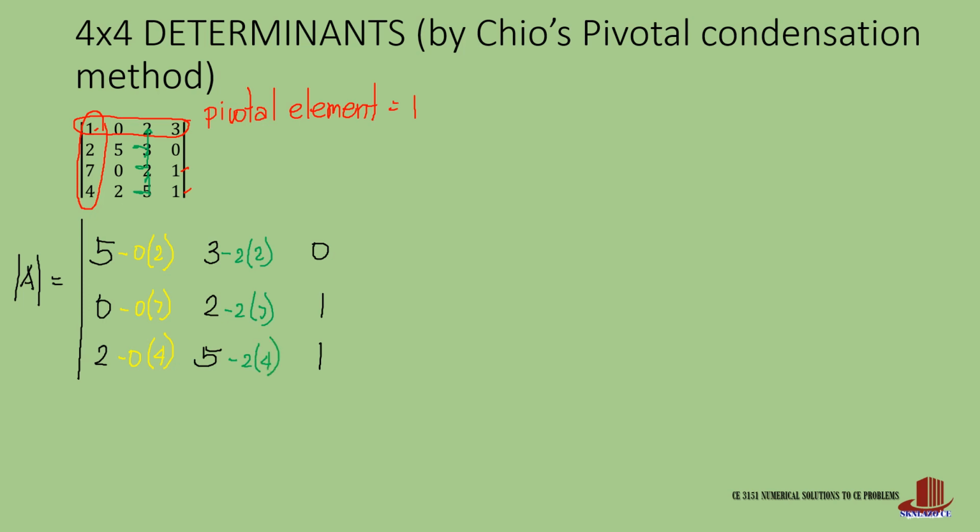Lastly, for our third column, then we would have minus 3 times 2, minus 3 times 7, and minus 3 times 4. And that would complete our matrix.